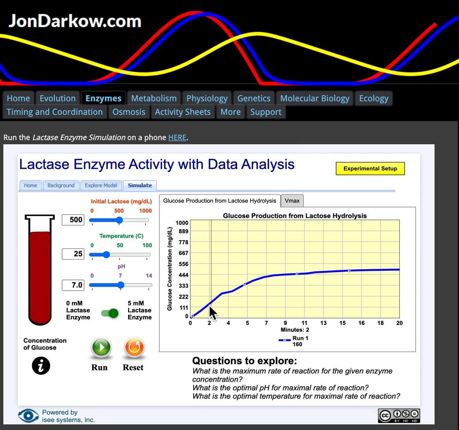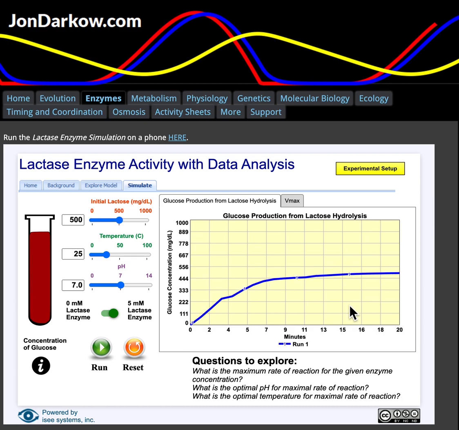Now notice if I move, now it's at 2 minutes and the glucose concentration is 160. At 3 minutes, it's 250. At 4 minutes, it's 274, or 272. So your job is to go across this and copy those numbers down into your Google Sheet, because this is the data for one trial under these conditions.